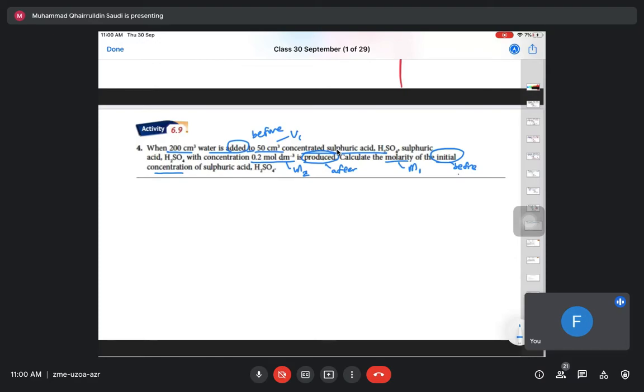So we need to find V2 first. So our V2 is 50 plus 200, 250 centimeter cube. And then again the same thing. The question wants to find M1. So 0.2 times 250 divided by 50. And your answer?